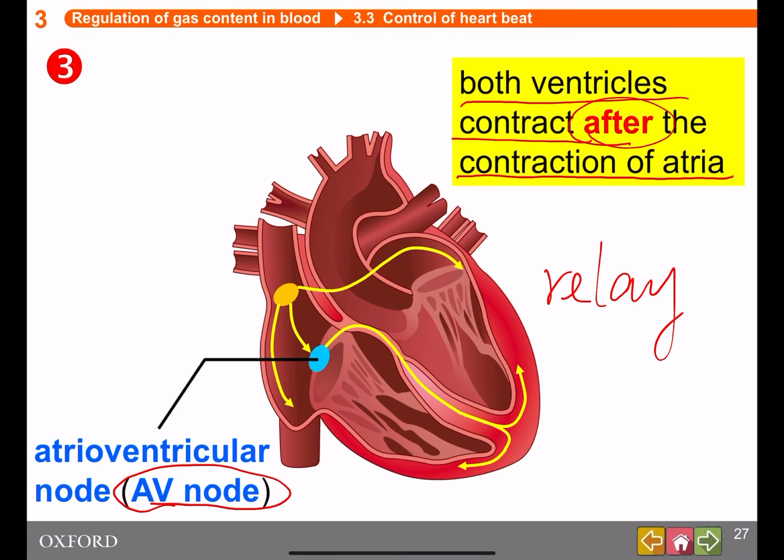Now this is important, because if the ventricles contract at the same time with the atria, the blood cannot flow smoothly from the atria to the ventricles. So the ventricles should contract after the contraction of atria, so that most of the blood will fill the ventricles before they contract.